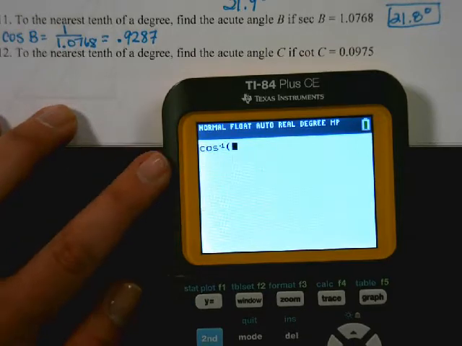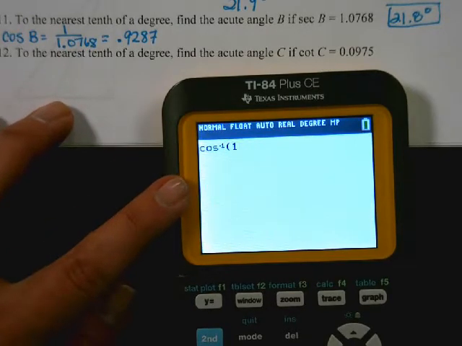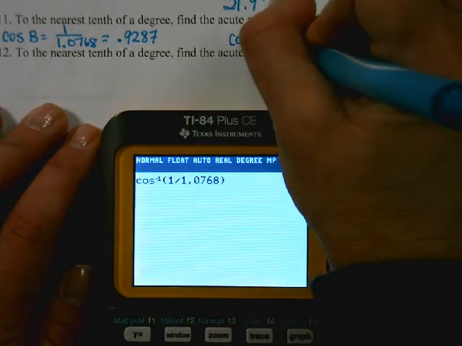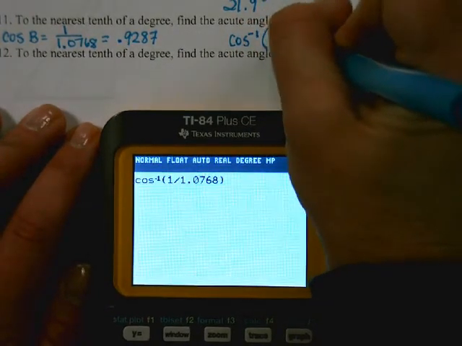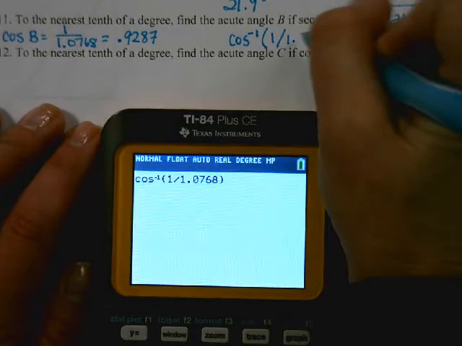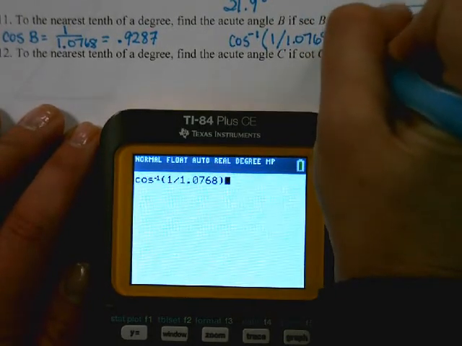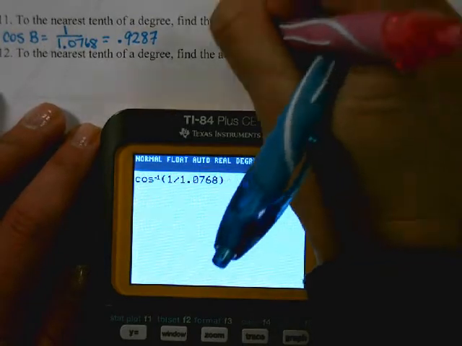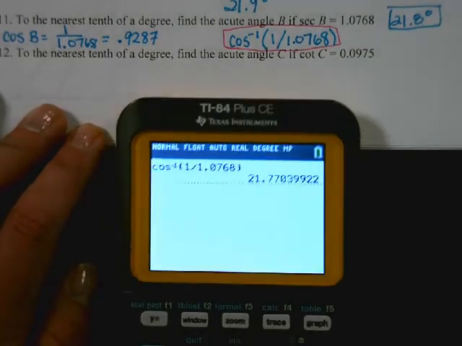Cosine's reciprocal of 1 divided by 1.0768. We got 20.